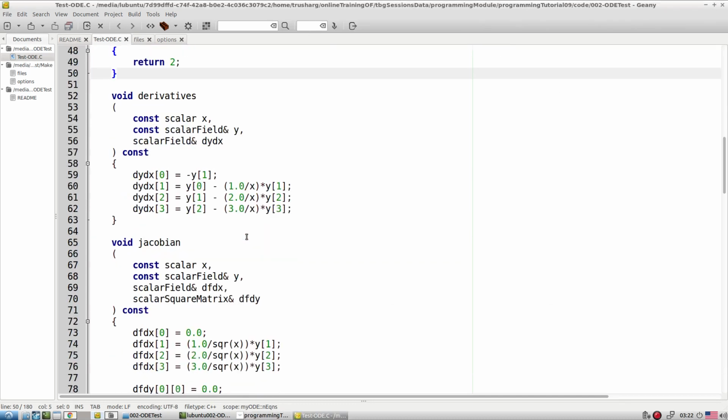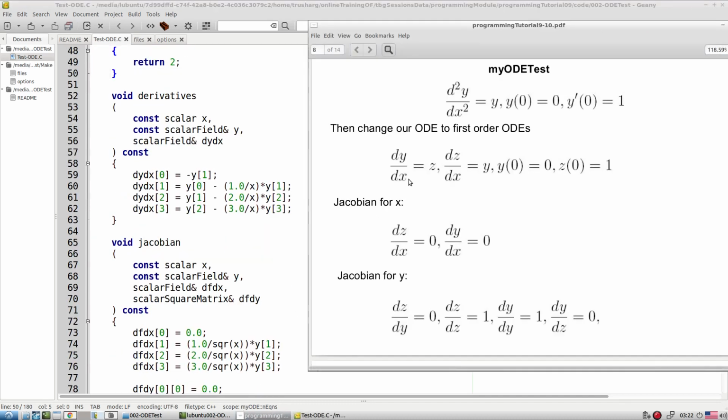So the first equation is del y1 by del x equal to y2, and the second equation is del y2 by del x equal to y1. That is what we have, the number of equations.